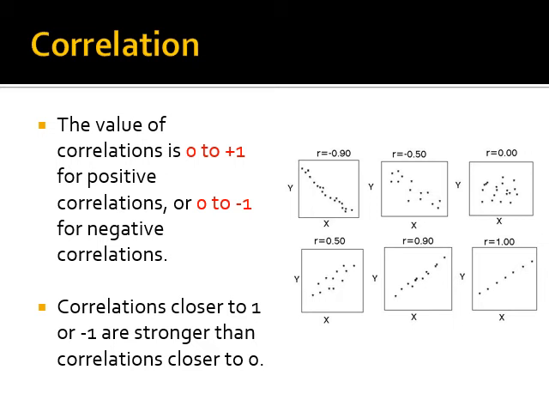And you'll see there the dots are perfectly in a line together, and you see no variation in terms of what the line looks like. So in other words, the more variation between the dots in relationship to the line, the less strong the correlation is. Correlations closer to +1 or -1 are thus stronger than correlations closer to 0.